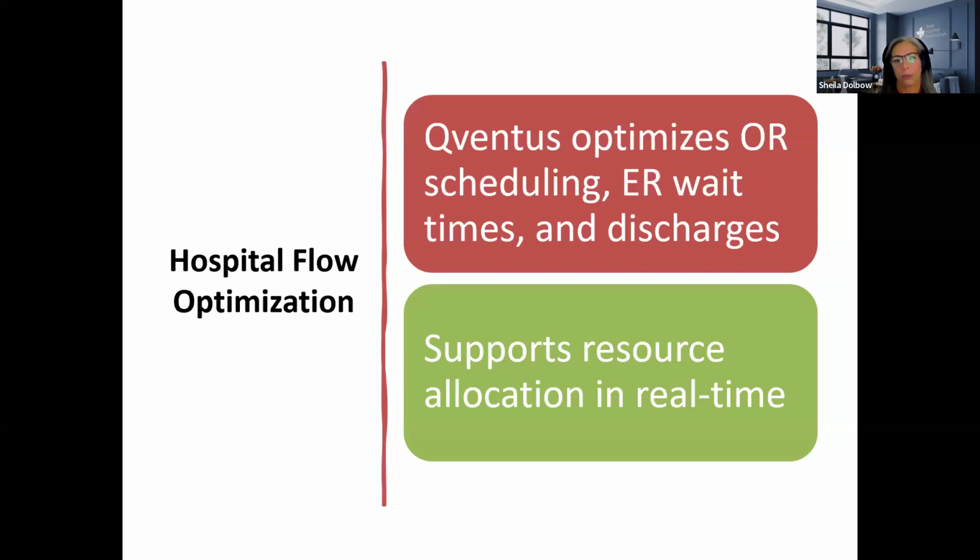When we look at hospital flow and optimization, Caventus optimizes our OR scheduling, ER wait times, and discharges. One of the things that we look at in terms of a quality metric for our critical access hospitals is our ED throughput time. So we look at the amount of time it takes from the point a patient walks into your emergency department to the time that they are discharged.